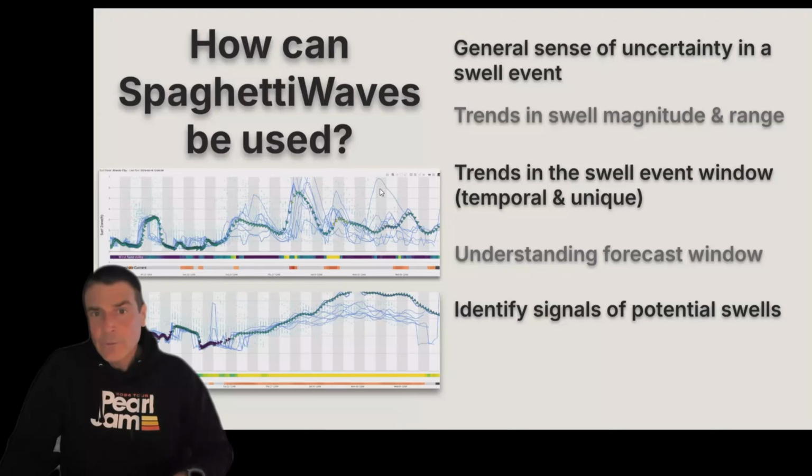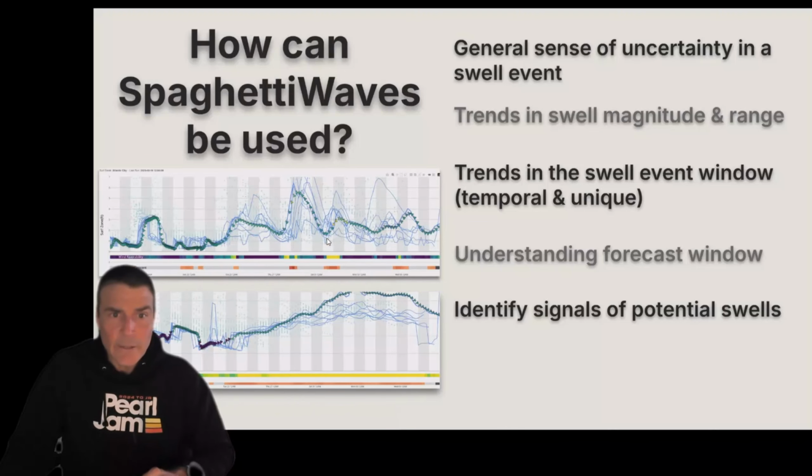What I'll do is I'll keep this in mind, and over the next day, as new forecasts come in and we get new model data, I'll look to see if other models start trending towards this peak. So we can actually see signals of potential storms or potential swells in the future looking at this.